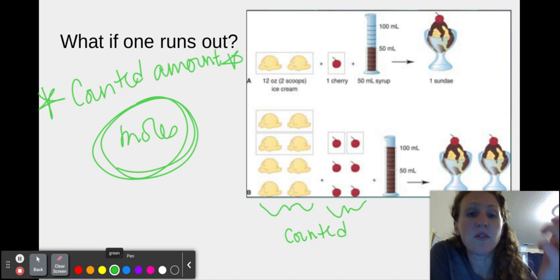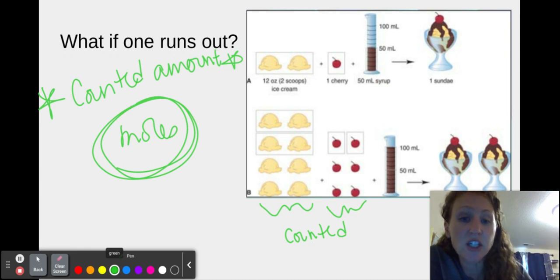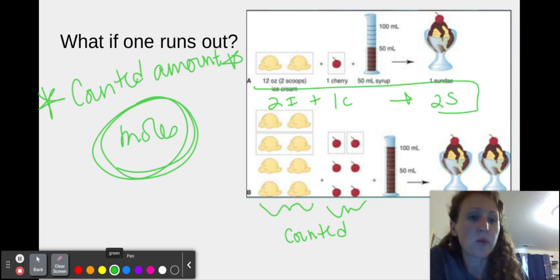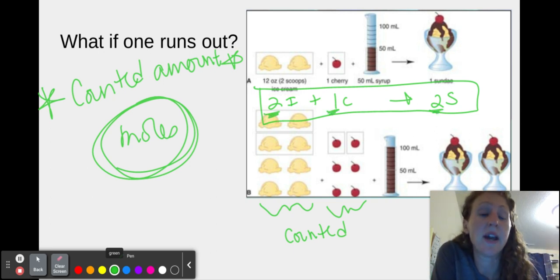And this is convenient for us because when we look at a reaction, right, 2 ice cream plus 1 cherry goes to 2 sundaes. Okay, when we look at a reaction, we talk about the things in that reaction in counted amounts. 2 ice cream scoops, 2 molecules of oxygen, 2 moles of water.